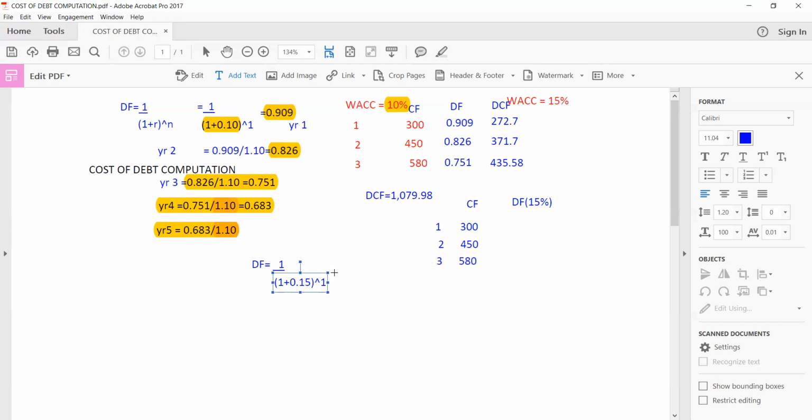If I get that of year 1, I'll divide everything by what is in the bracket. And what is the bracket? 1 plus 0.15 will give us 1.15.